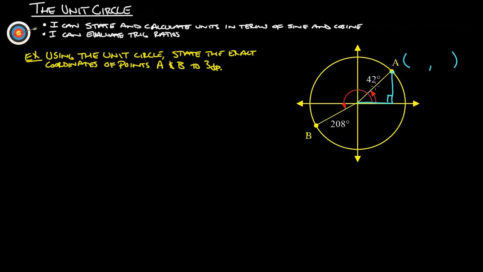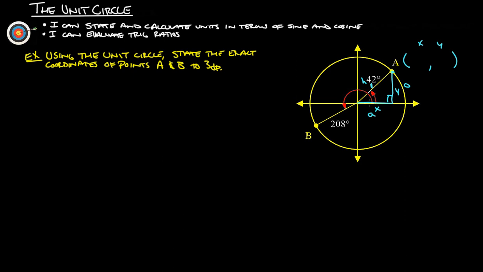We know this angle right here is 42 degrees. To find the x and y coordinates, this side is the adjacent side, this is the opposite side, and this is the hypotenuse, which we know has a length of 1.